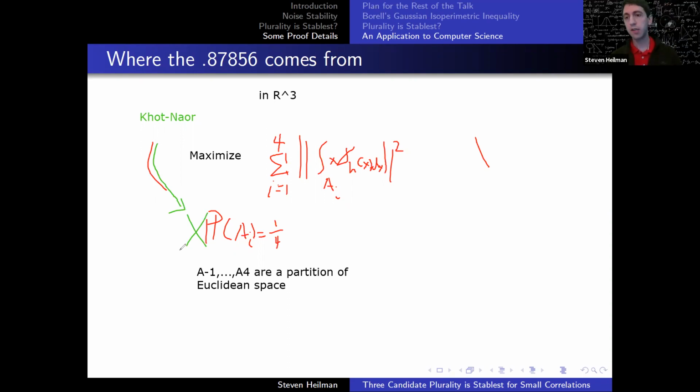It's almost exactly the same problem without the measure constraint, so the constrained and unconstrained problems are very closely related. Even that problem without the measure constraint is still not solved. Similarly, if you could solve it, this is one main technical hurdle to dealing with the plurality stablest problem. Thanks for the question.